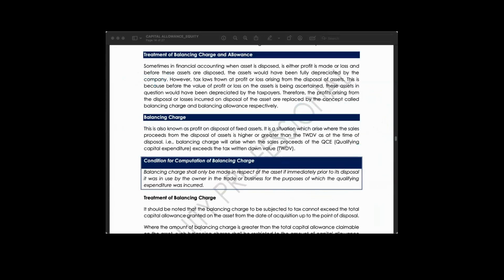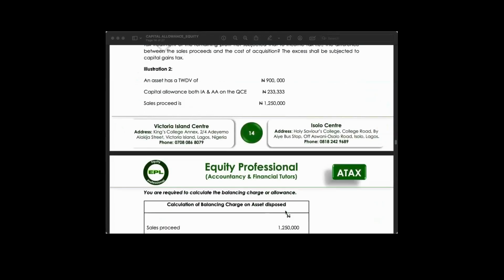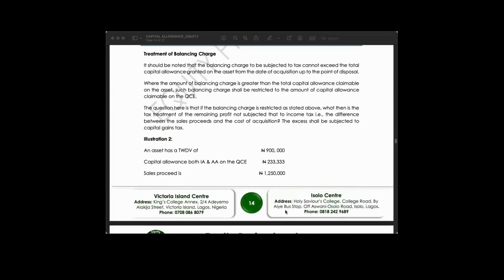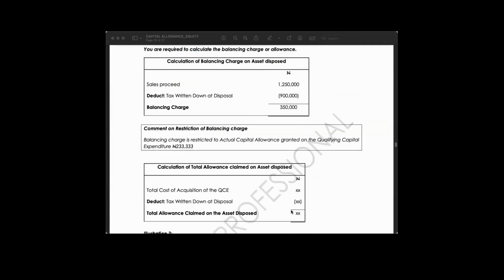The next one is balancing allowance. What is balancing allowance? Balancing allowance is when your sales proceed is not up to tax down value. That is, your tax down value is more than your sales proceed. Therefore, you're going to have balancing allowance.